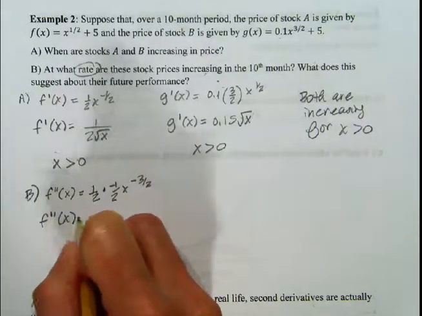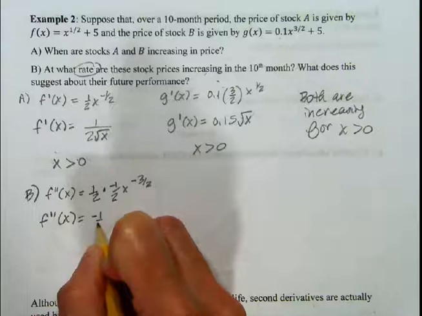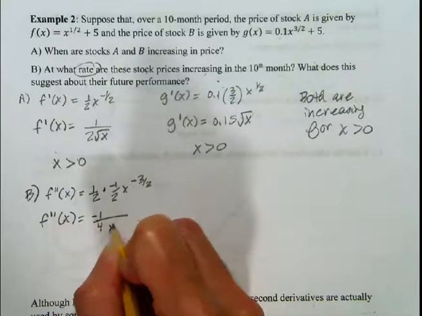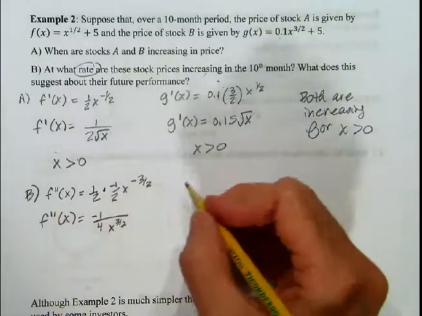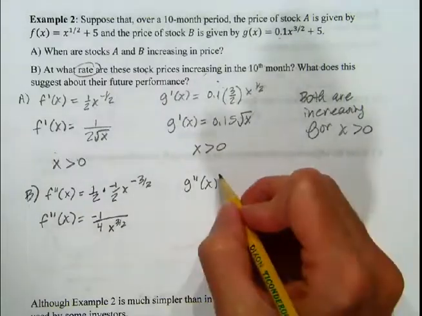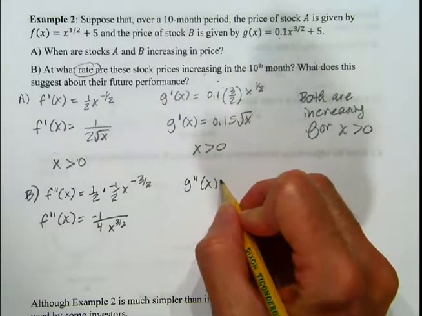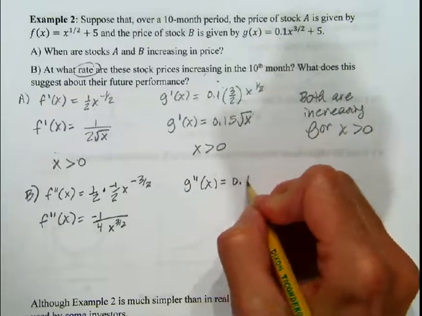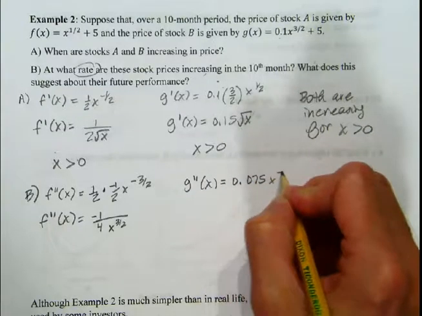So cleaning that up, that gives me negative 1/4, and the x to the 3/2 would be on the bottom. For the second derivative for the g of x function, if I do the math on that, I think it's 0.75 x to the negative 1/2.